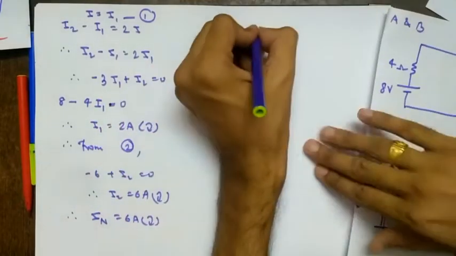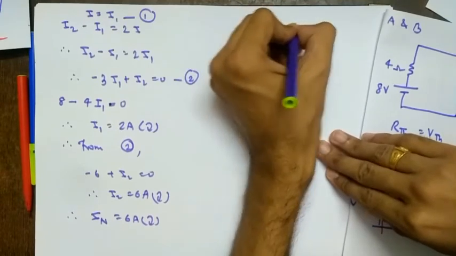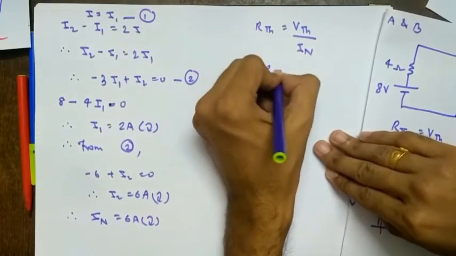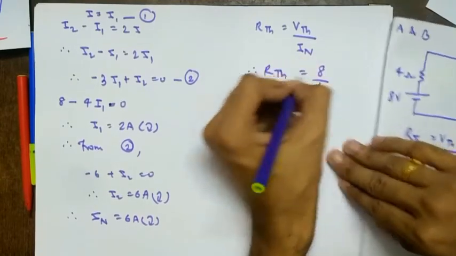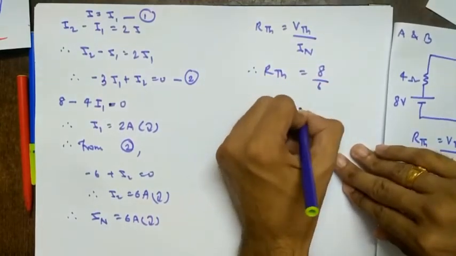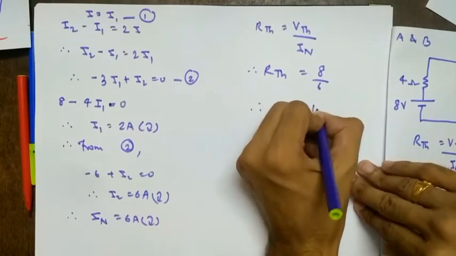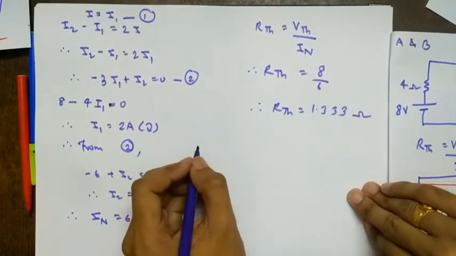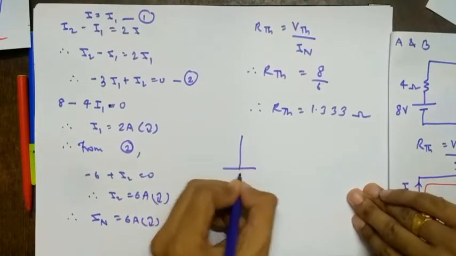So what is RTH? It is VTH upon IN. So therefore RTH equal to 8 by 6. So therefore RTH equal to 4 by 3, so 1.333 ohms.